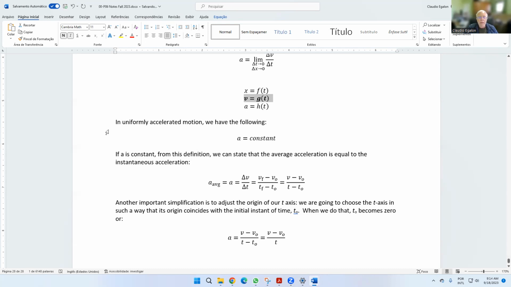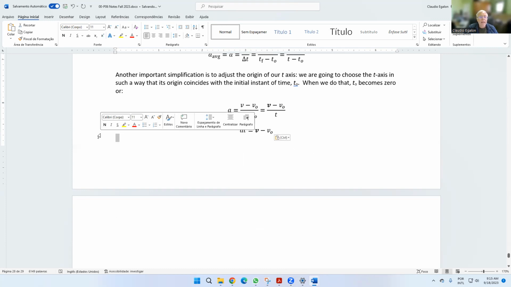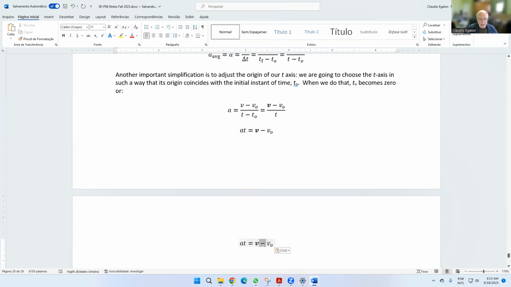How do you do that? All you have to do is to solve for V. Right? And we're going to the next step downstairs here. I'm going to pass the t to the left side, and then we're going to isolate v. V becomes v naught plus at.